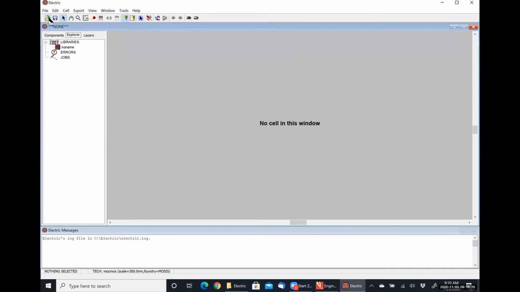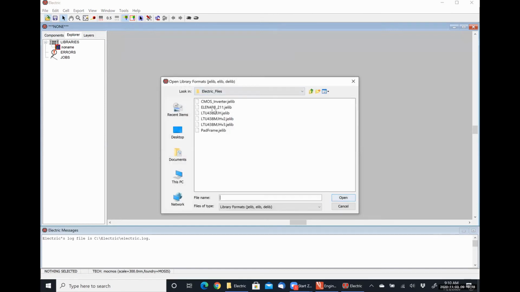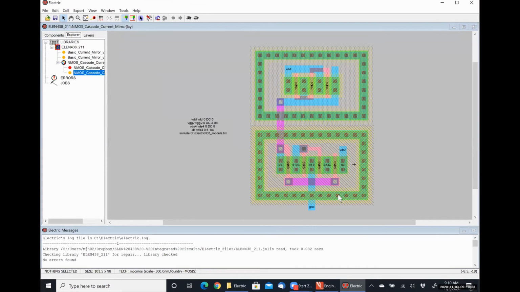I want to open my 438.211 JLib file. I went through and resized my grounding ring for my current mirror just because I thought I could get away with it, and I was right by remembering to put in that NWell region. It's not remotely important that you guys do it. I just wanted the guard ring around the PMOS transistor to be the same size, because I'm weird and it bothered me that it wasn't.